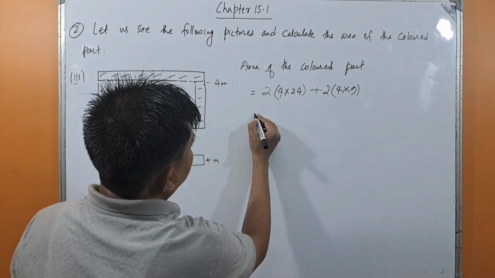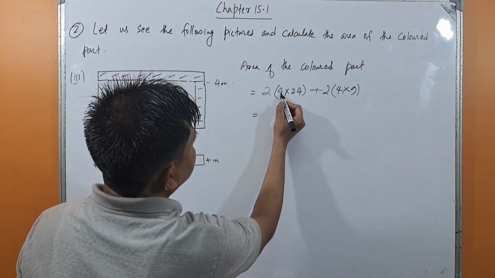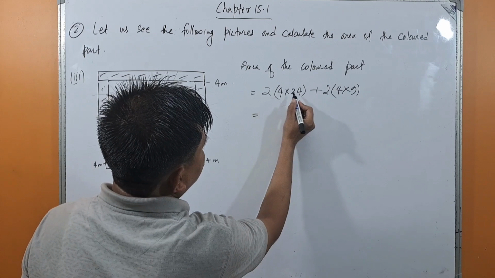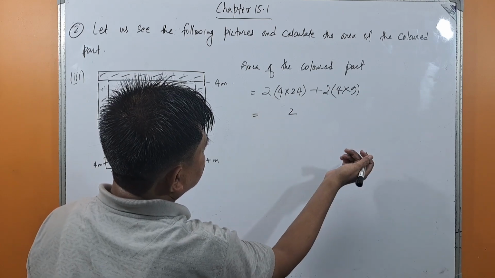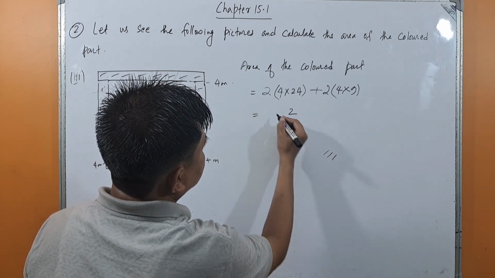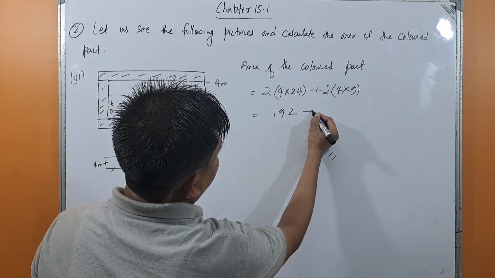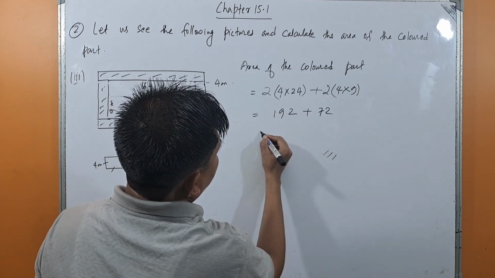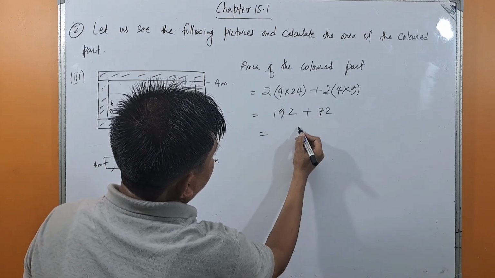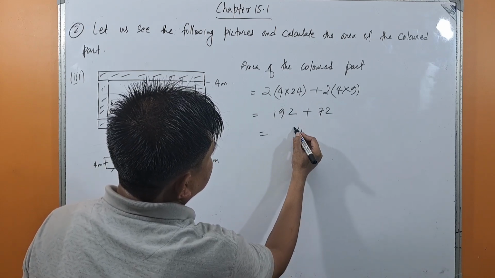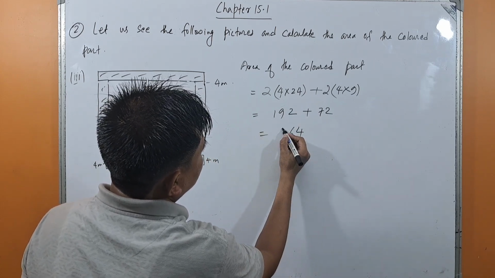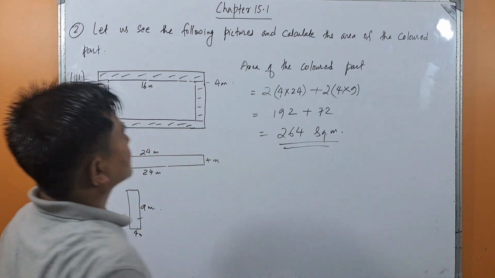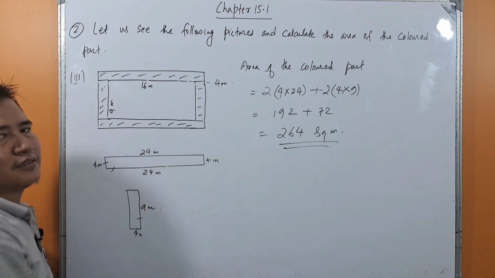Now let us multiply. 2 4s are 8, 8 4s are 32, 8 2s are 16, 16 plus 3 is 19, 192, plus 2 4s are 8, 8 9s are 72. 2 plus 2 is 4, 9 plus 7 is 16, 1 plus 1 is 2, 264 square meters. This is the total area of the colored part.